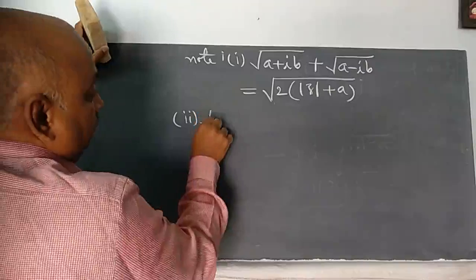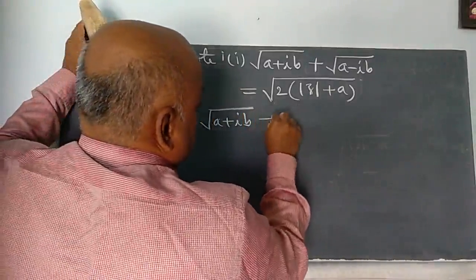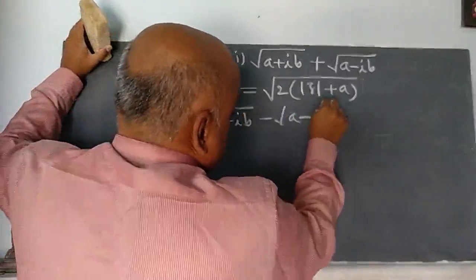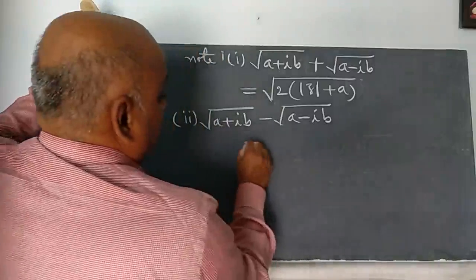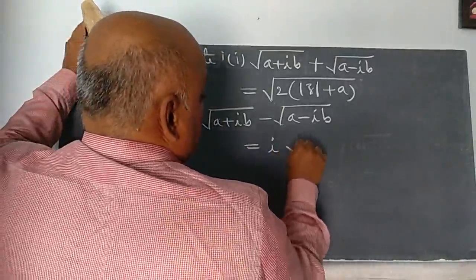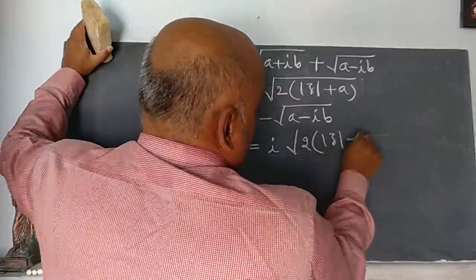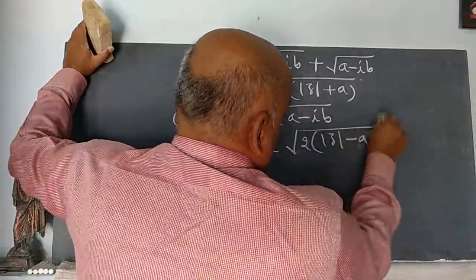Second point: the square root of a plus ib minus the square root of a minus ib is equal to i into the square root of 2 into (mod z minus a).